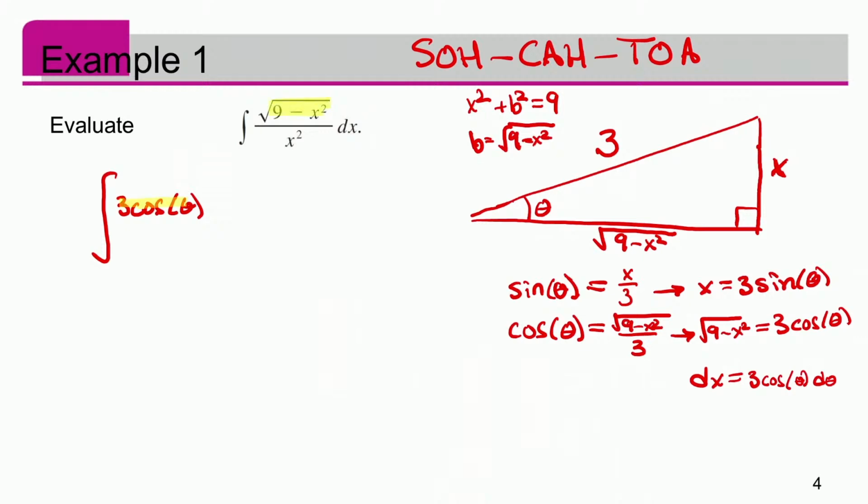This became this because of this. Okay, let's do the bottom. On the bottom, x squared becomes 9 sine squared. And here we go again, that this becomes this because of this.